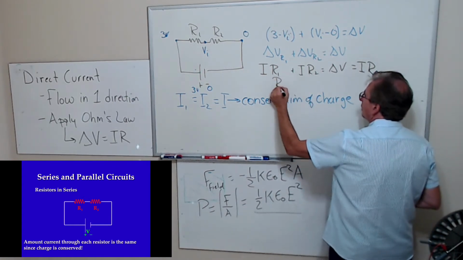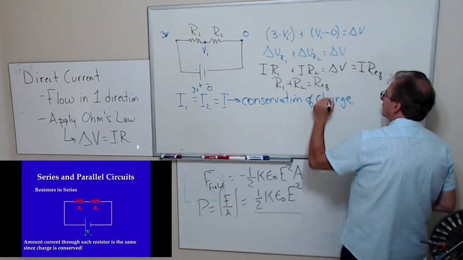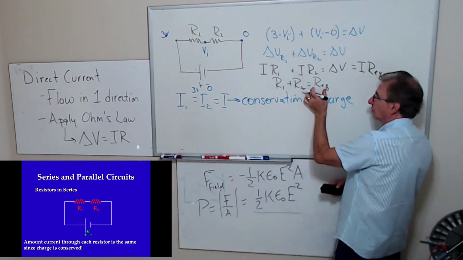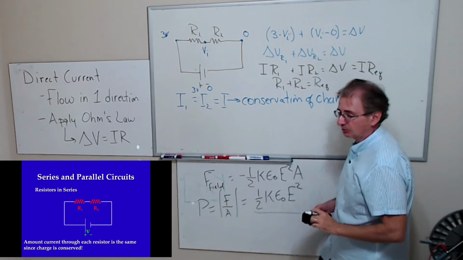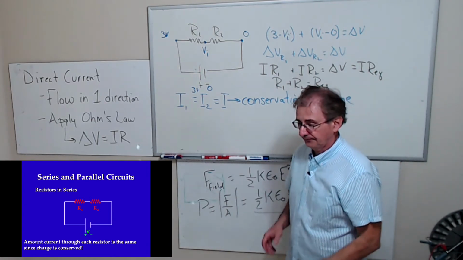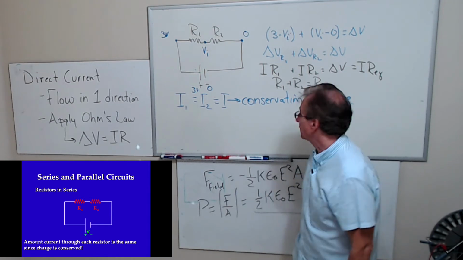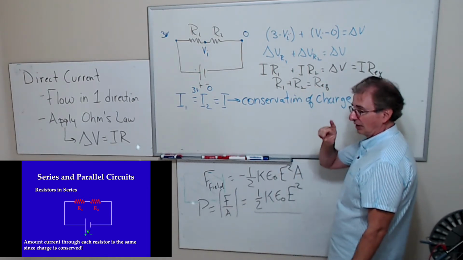So that means R1 plus R2 equals R equivalent. So I can replace those two resistors with one equal to R1 plus R2, and it will give me the same current. That's how resistors in series add.